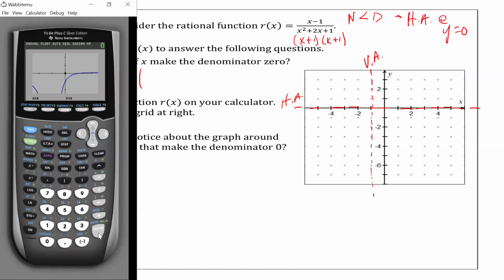What I've noticed as an educator, learner, student of math, is that this tends to happen when you have that double situation in the denominator, like a squared or repeated. So like this is x plus 1 squared.